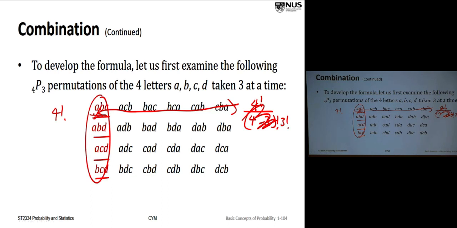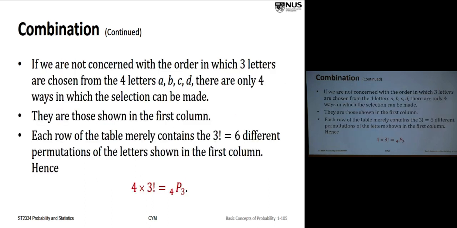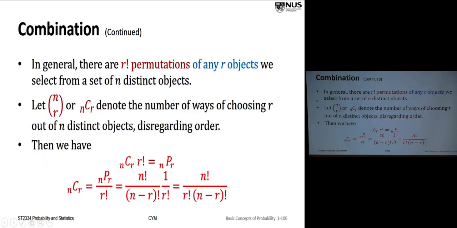The number of ways to choose r out of n objects is n factorial over (n minus r) factorial over r factorial. This is how to derive the formula. So n choose r is defined as this.